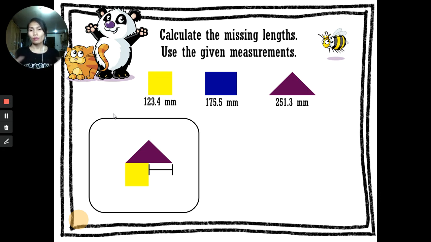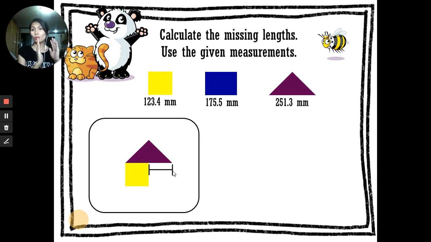But if you're expecting a smaller number, then you have to subtract. Like in here, we are looking for just a part of the triangle. So that means we are looking for a smaller number from the whole.